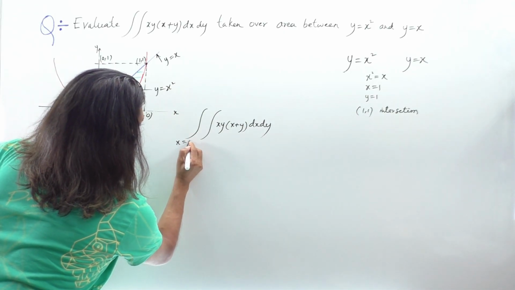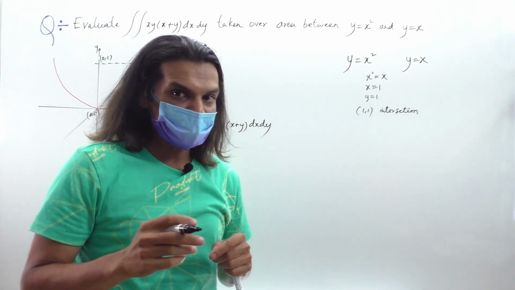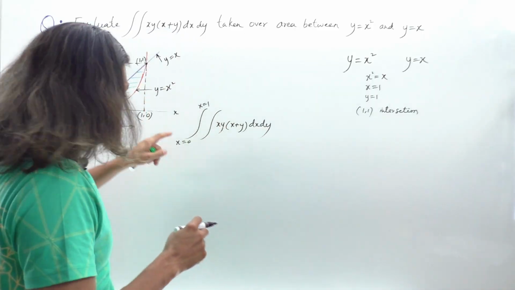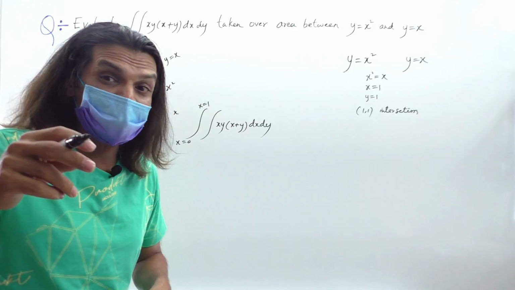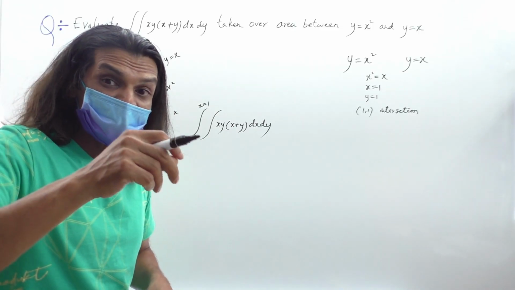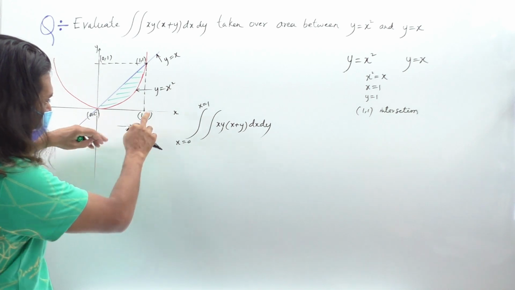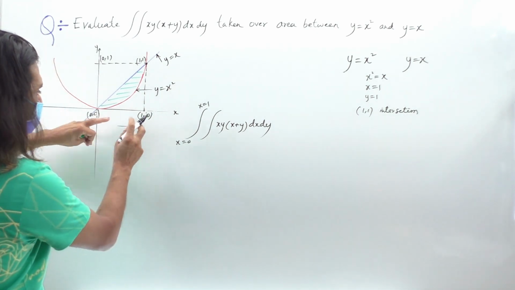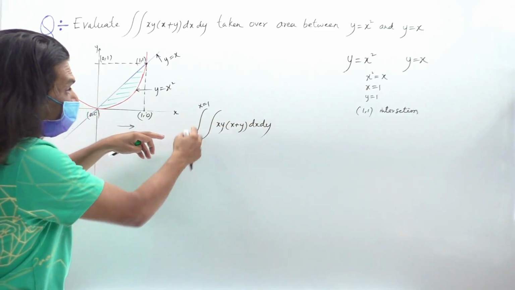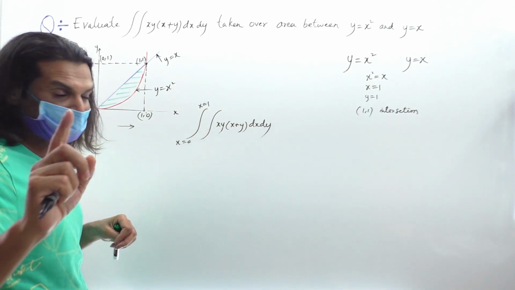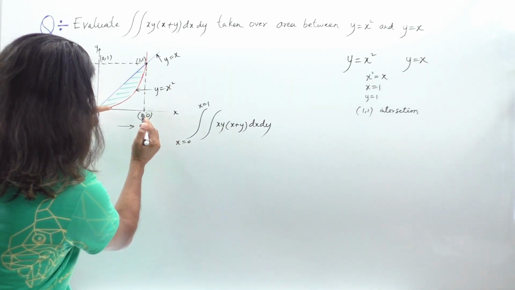So we have x is equal to 0 to x is equal to 1 here, and outside is a constant. What is the rule? Outside integral is constant. Inside, if x is constant, the integral is the equation of y in terms of x. So that we have to find from the graph. When I go like this, see, very simple thing. When I go like this, this is what comes down, and this is what comes top. Okay, see very carefully. When I walk like this, what do I see?